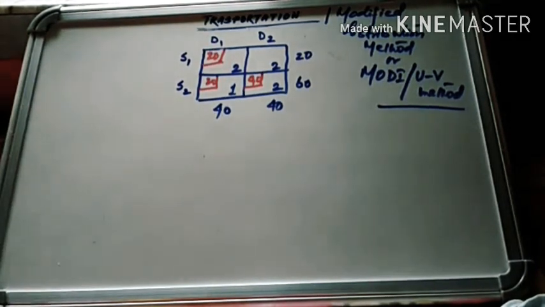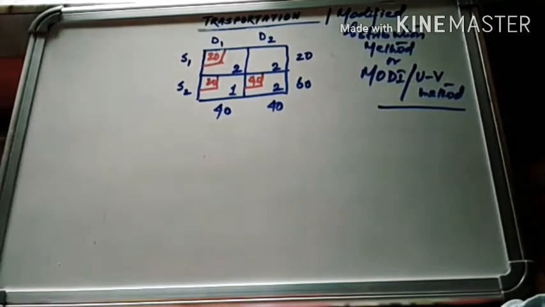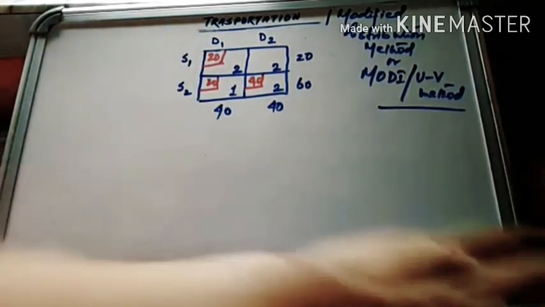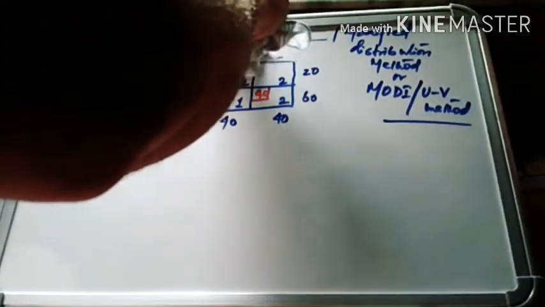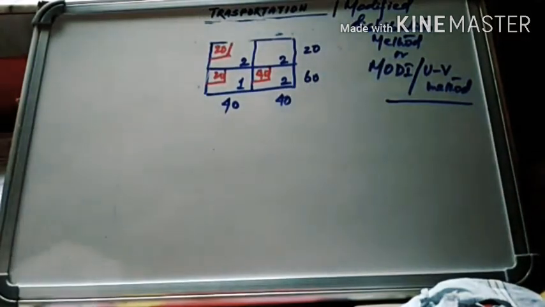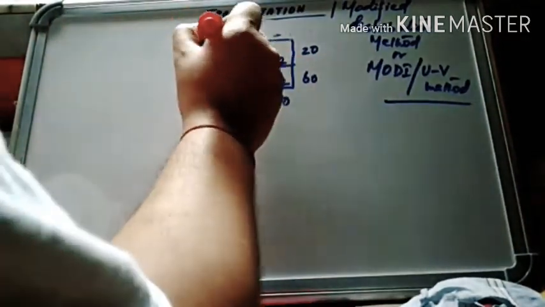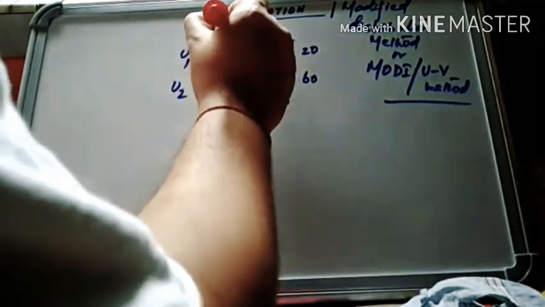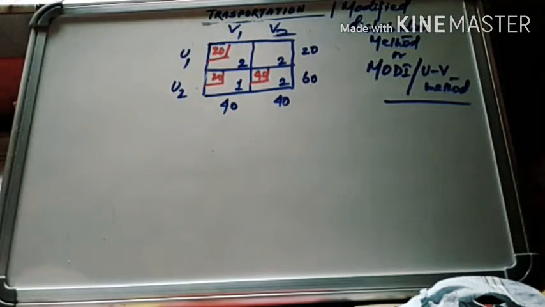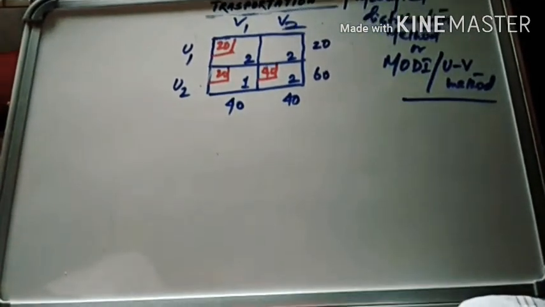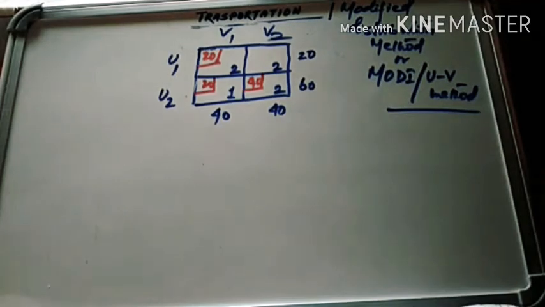In order to do that, we calculate U1. It is also called the UV method, so you have to rename the cells. Let us write this one as U1, this one as U2, this one as V1, and this one as V2. Now you write the values of Cij.